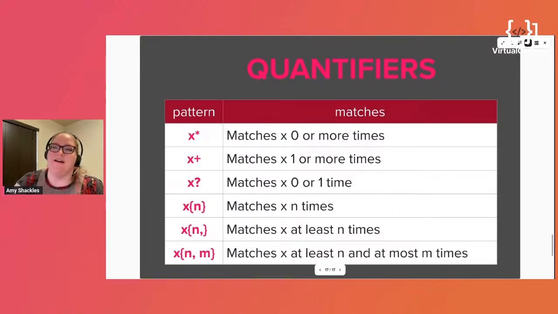Could be more. x question mark would be 0 or 1 time, so at most 1, at least 0. If you have a curly bracket followed by a number, that is matching that many times. Curly bracket, number, comma means at least that many times, and curly bracket, number, comma, number is at least the first number and at most the last number. And that is all my slides, and I raced through that, so I'm actually done.